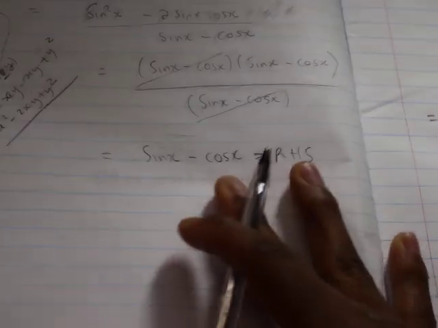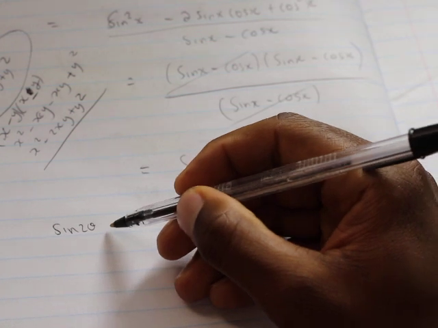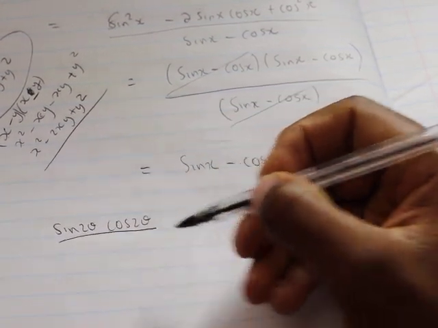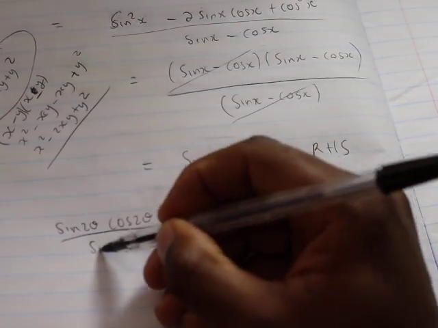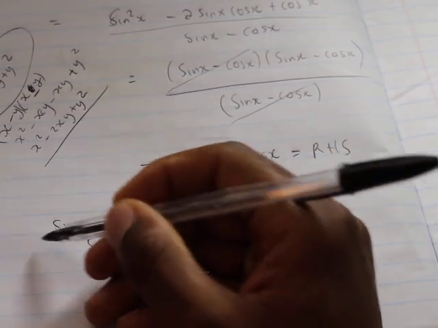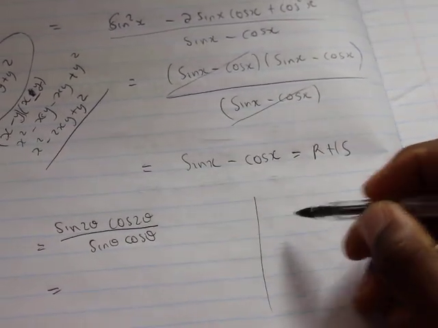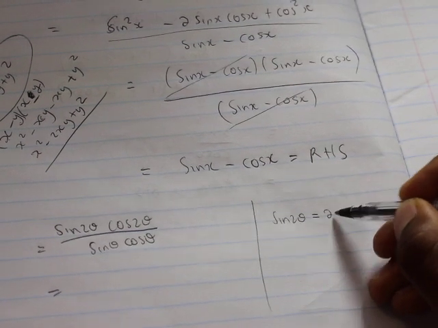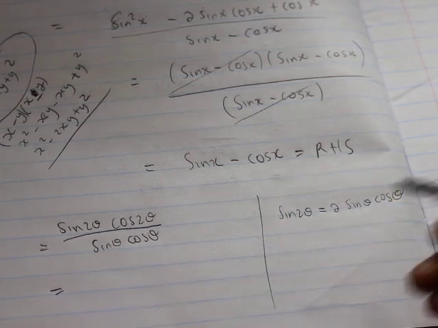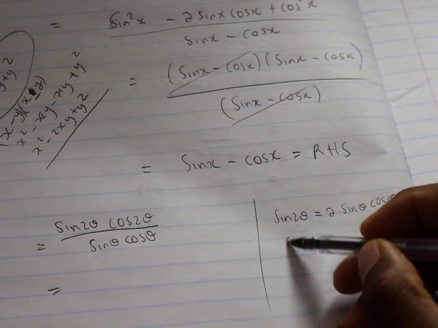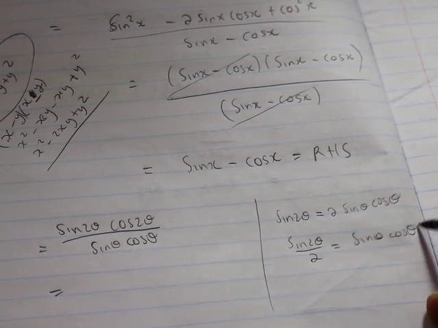Yes, so this is what we have: sine 2 theta cos 2 theta divided by, remember what we have in the denominator, sine theta cos theta. This we can rewrite. Remember, sine 2 theta is equal to 2 times sine theta cos theta, meaning that sine 2 theta over 2 is actually equal to sine theta cos theta.